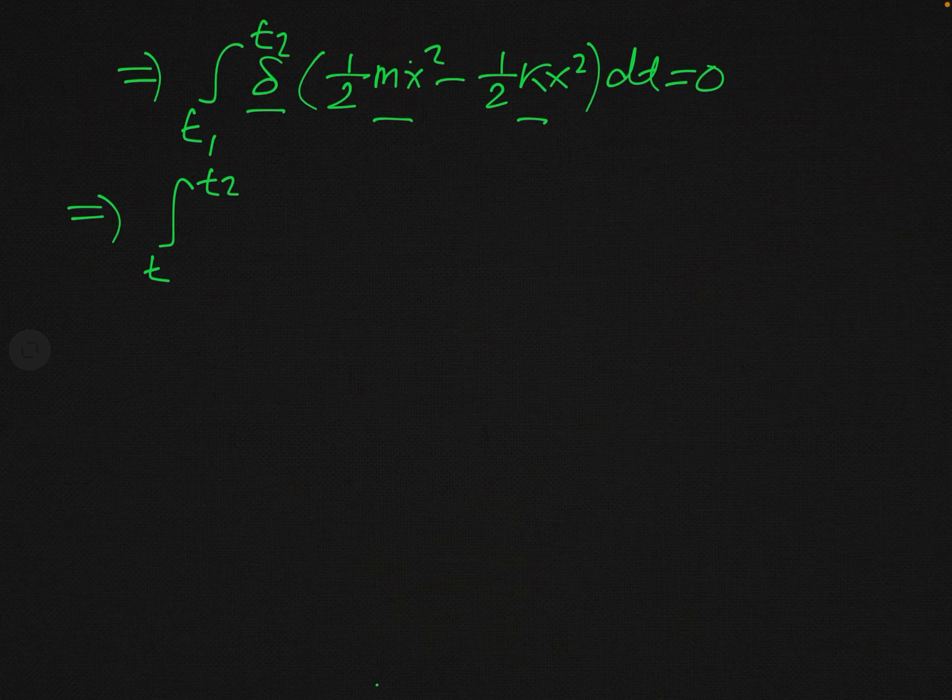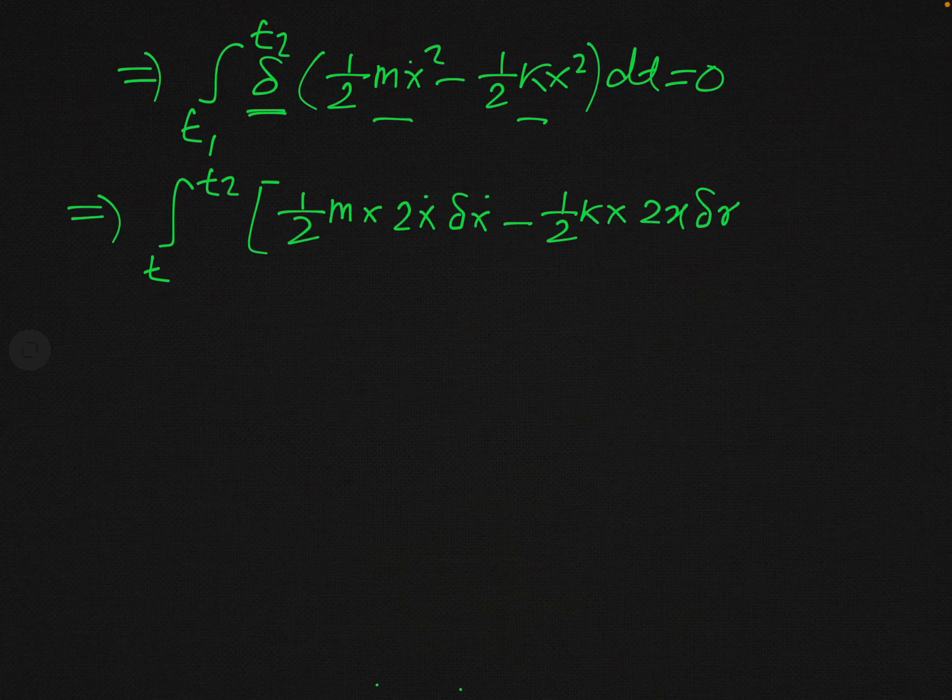Delta, when operated on this, will be half m, which is a constant factor, times delta operated on x dot square, so this will be 2x dot delta x dot, and minus, when delta is operated on half kx square, here also half k is constant, and when delta is operated on x square, the result will be 2x times delta x, dt, and this is equal to 0. This is t1 to t2.